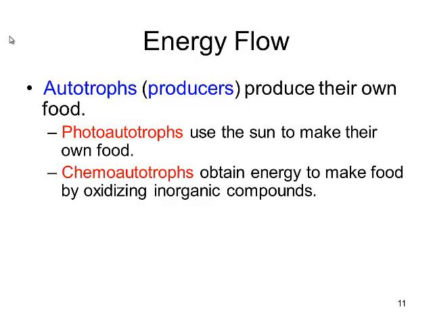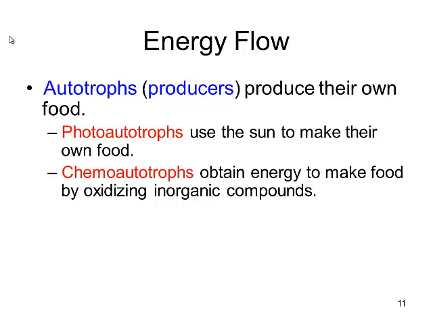What's a photoautotroph? Yeah, an autotroph can fall into that category, photoautotroph, because they use the energy from the sun to make their food. But we also have a group of organisms called chemoautotrophs. And they use their energy to make food by oxidizing inorganic compounds. Some of these guys are sometimes referred to as decomposers.